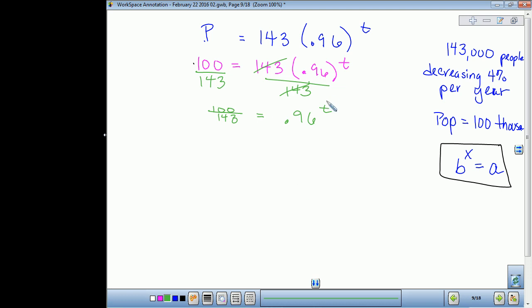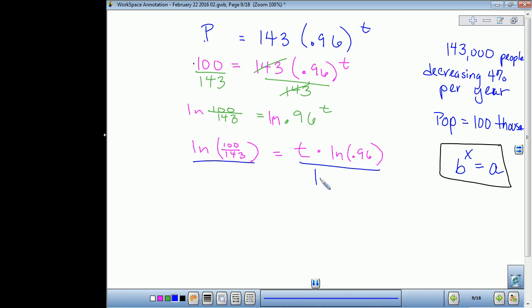Okay, how do we solve for an exponent? Logs. Take the log of both sides. We can do logarithm or we can do natural log, either way, on both sides. So if I did natural log, I get natural log of 100 over 143. And here that t can come out in front, times natural log of 0.96. And so to solve for t, I would divide both sides by natural log 0.96.